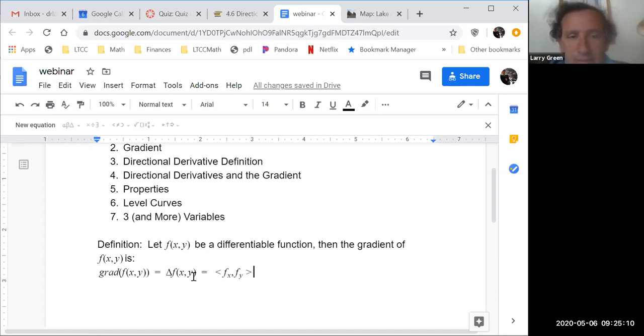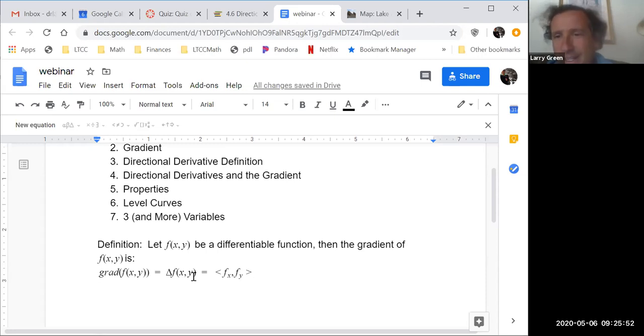Any questions on this? Any questions? Okay, just a note, and this is kind of important, is that grad, or this upside down triangle, is a function. What's the domain and what's the range of the function grad? And this is a type of function you've never seen before, but it's defined, so you should be able to tell me the domain and range.